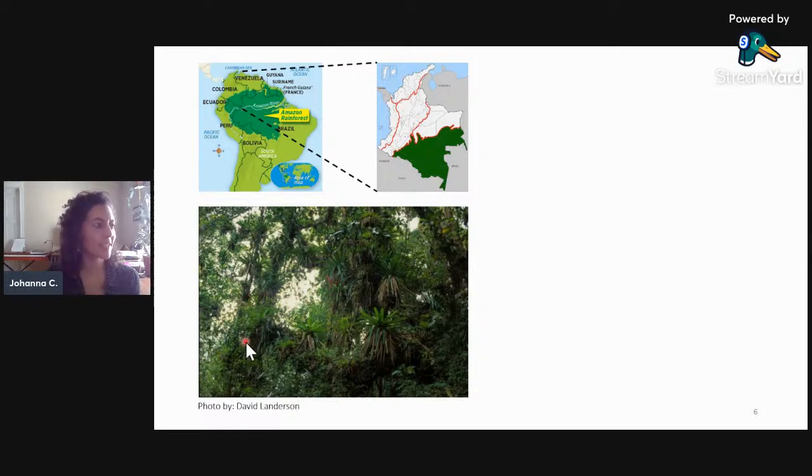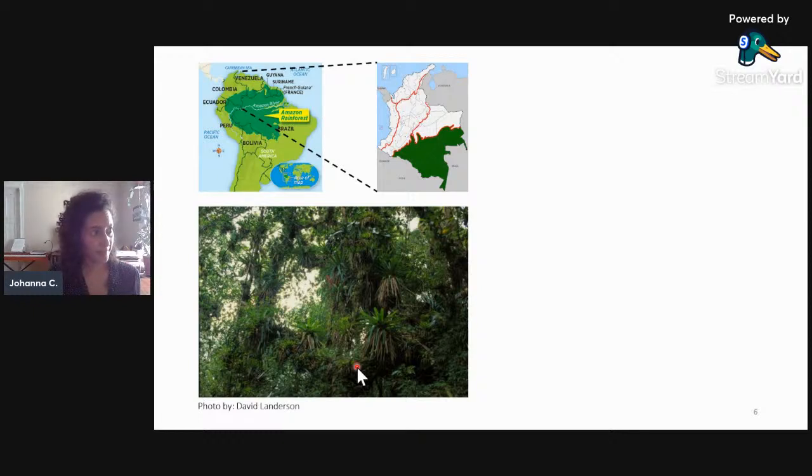It's a little bit difficult to distinguish between the trunks and the branches because all of them are covered with epiphytes. And we know epiphytes are all these plants that can grow over the branches or over the trunk of the tree their whole lifespan without touching the ground. So most of these trees are completely covered with epiphytes and plants.